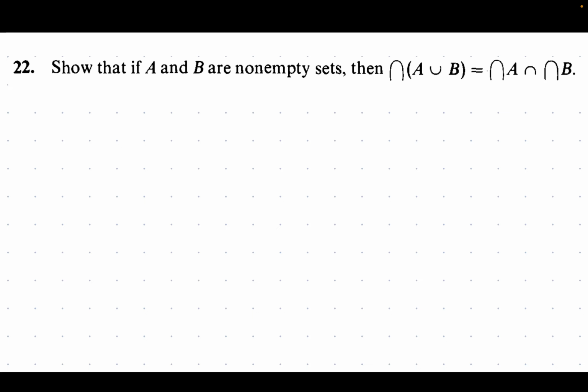But let's say you have the union of A, which is the set of x such that there exists some big X in A such that little x is in big X. So it's all the elements contained within some set of A. If x shows up in any member of A, then it's part of the union.